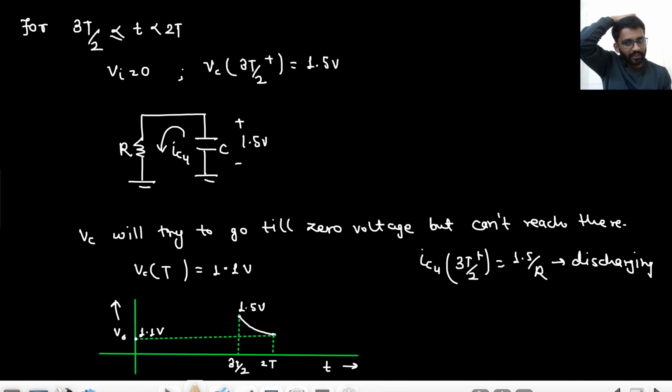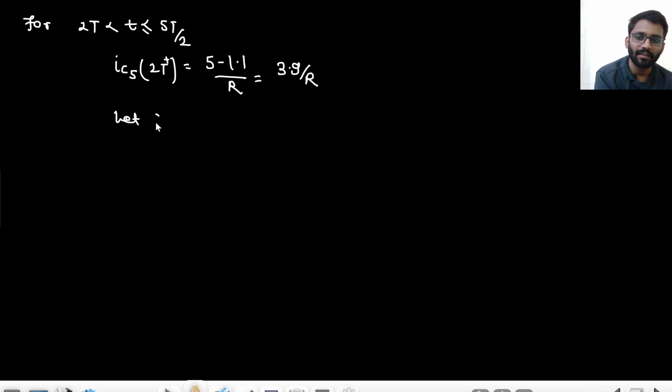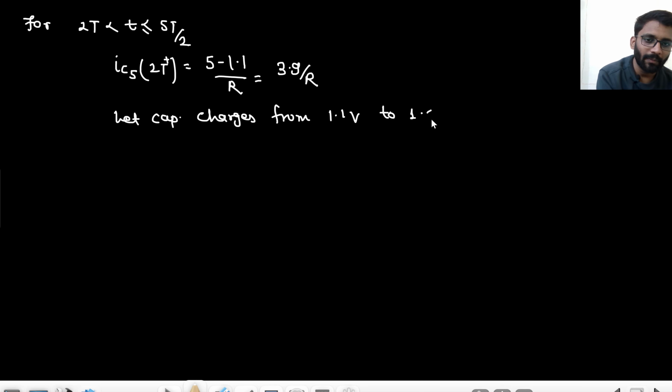Let's just assume the capacitor charges from 1.1 to 1.6 volt. It will try to go up to 5 volt, but let's assume it charges to 1.6 volt. So this was the charging current from 1.1 to 1.6 we are assuming.